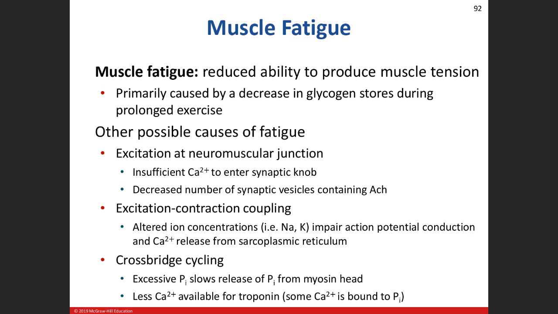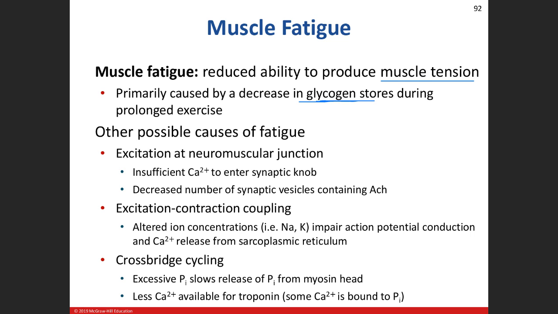So what is muscle fatigue? It's the reduced ability to produce muscle tension. As we fatigue, it becomes more difficult for us to produce muscle force. Primarily, this occurs because we're running out of fuel. It's just like your car. When you start to run out of fuel with your car, that's going to be a problem.